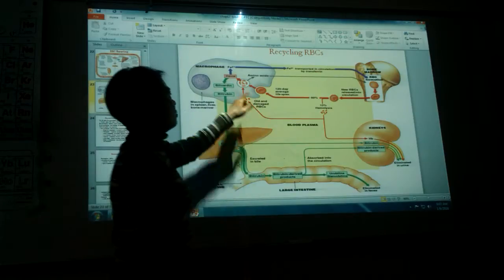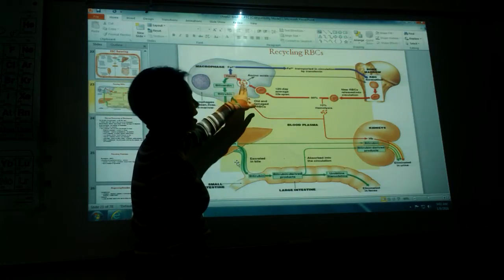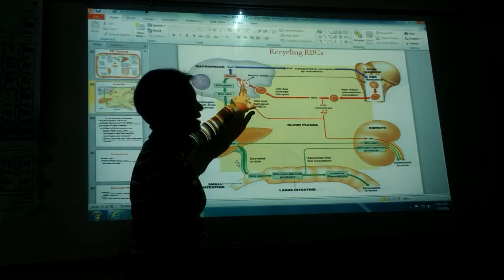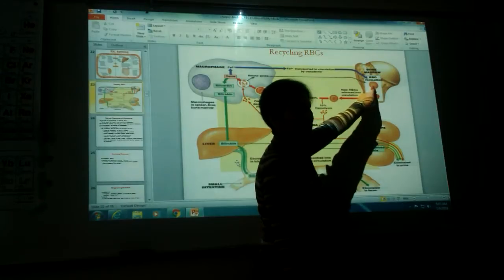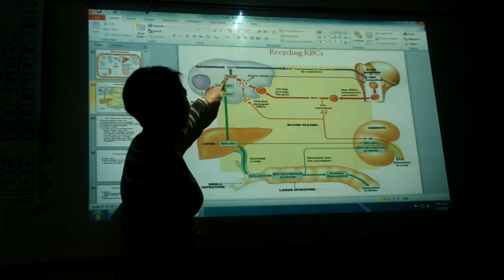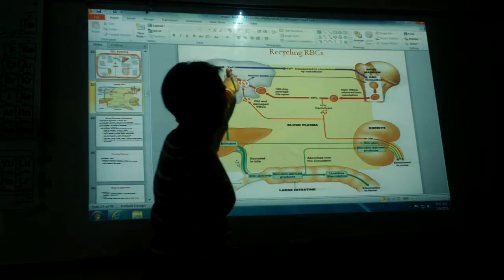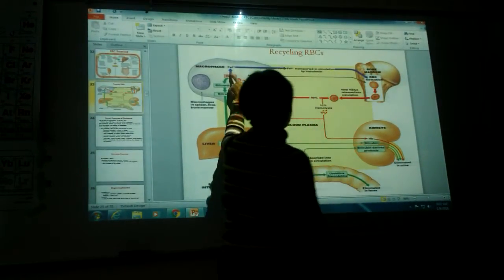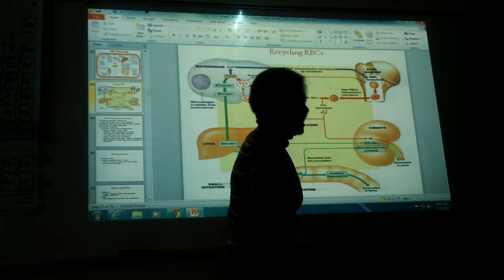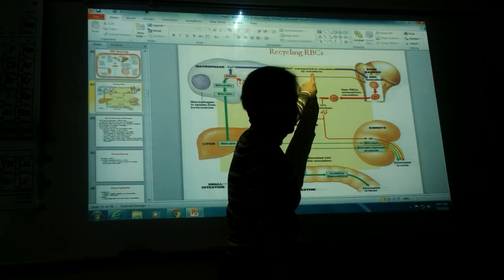Okay? So, look, the dead red blood cells, you recycle the amino acids, you can reuse that, right? Make proteins again. Use it for red blood cell formation. How about the iron part? The iron part is going to be recycled and reused, but to be transported, it has to be bound to a protein called transferrin.